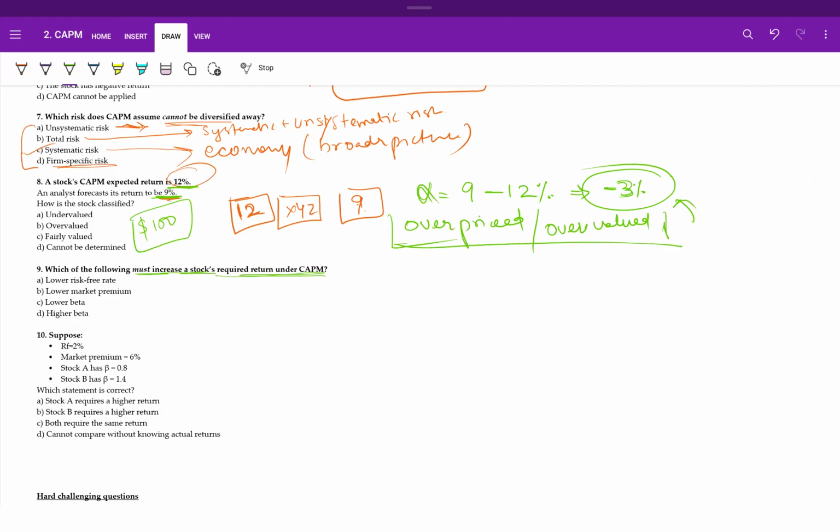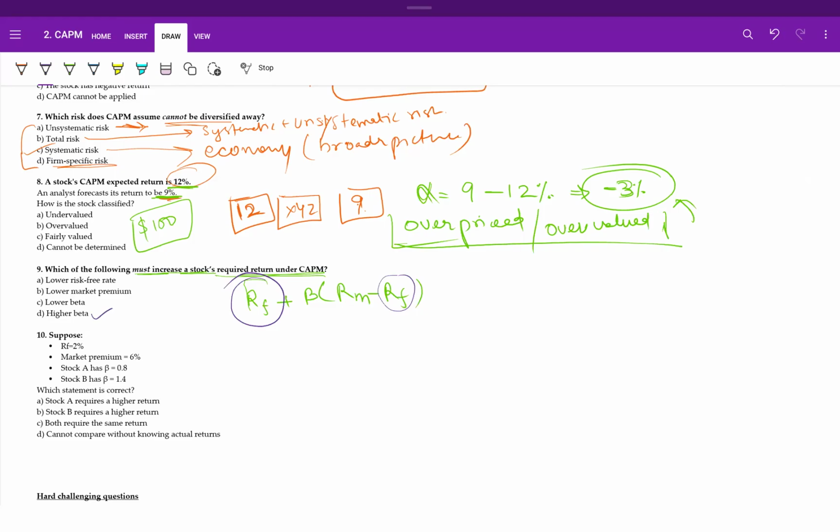Required return is actually influenced by higher beta, because if you look at the formula, the risk-free rate plus beta times (RM minus RF), RF is going to be constant in both cases, and beta is a multiplier here. Lower beta means a lower multiplier and higher beta means a higher multiplier. So higher beta.